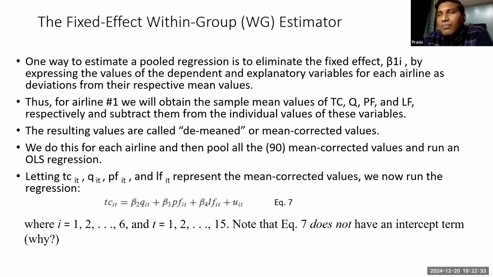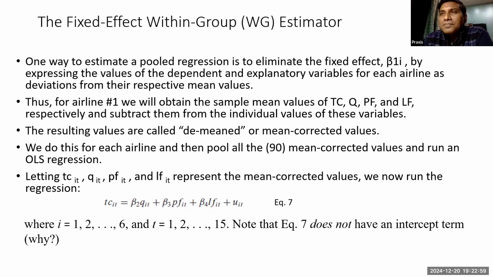So what do you do? You need to recognize the fact that there are individual company specific fixed effects. You need to recognize that fact, so you bring them into the model. That's fine. But if you bring them into the model, it creates an additional problem, as I just explained. So ideally, you have to get rid of them.